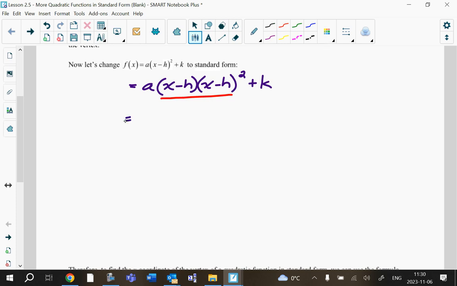So I'm going to get a times, and then I do 4 multiplications. X times x is x squared. X times minus h is minus hx. Minus h times x is minus xh again. And minus h times minus h is plus h squared.